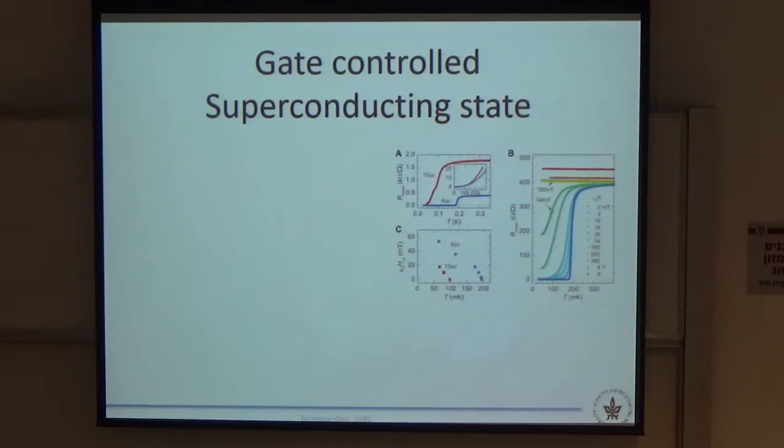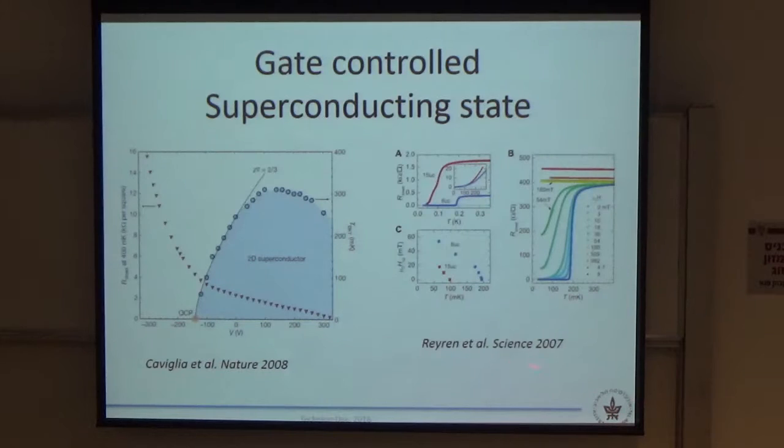Now, going back to our favorite phenomenon, which is superconductivity. If you apply a gate at the interface, strontium titanate is superconducting, and maybe this interface is also superconducting. It has strontium titanate bands, so it can be superconducting, and it is. This was found in 2007. You have superconductivity, and this is a superconducting dome, which resembles the cuprates.